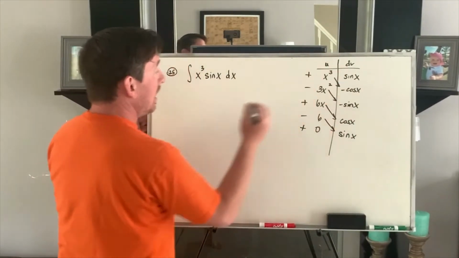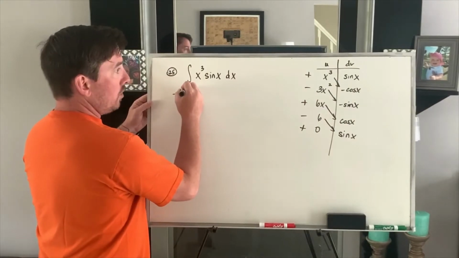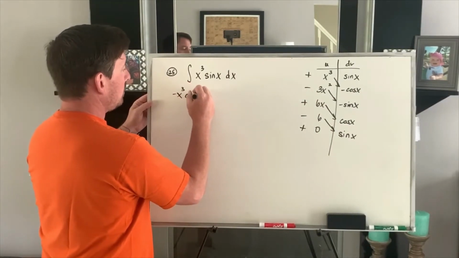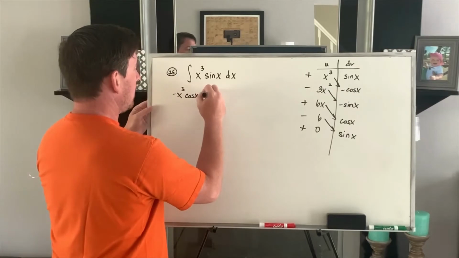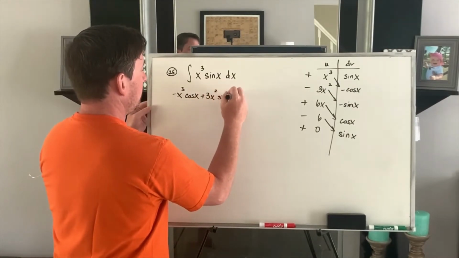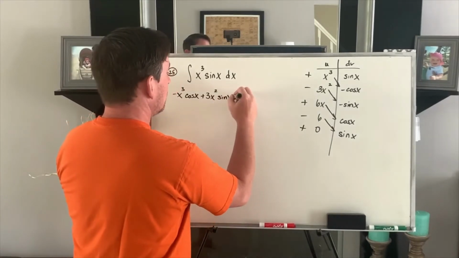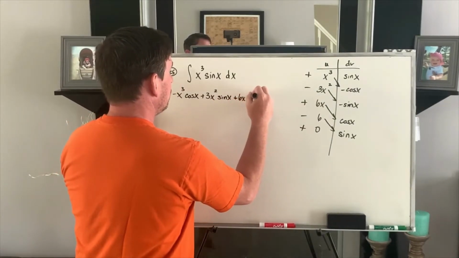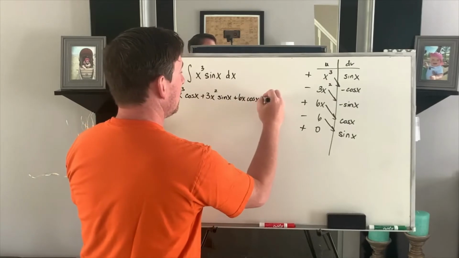So I just have negative x cubed cosine plus 3x squared sine plus 6x cosine minus 6 sine.